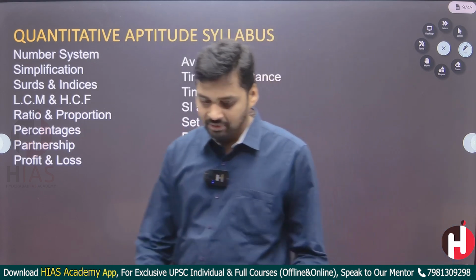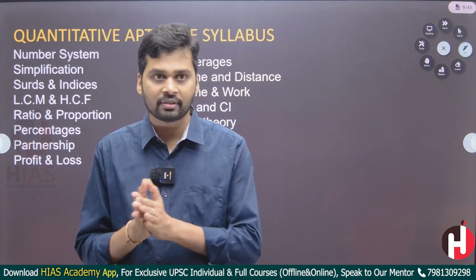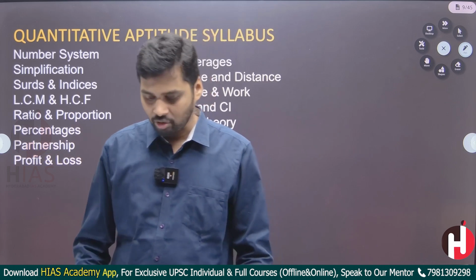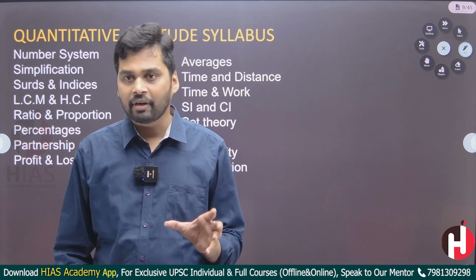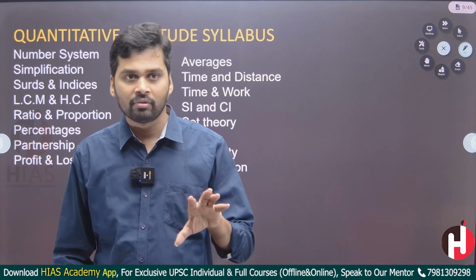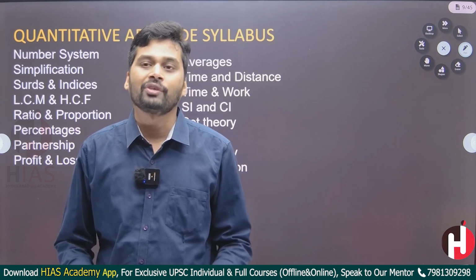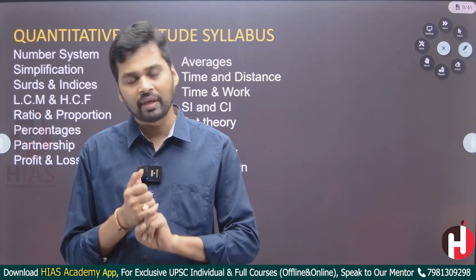Yes, so we have seen the trend of CSAT, the number of questions from various subjects like quantitative aptitude, logical reasoning and reading comprehension. When we look at the number of questions from quantitative aptitude, there are around 35 questions. But what are the most important topics for CSAT? There are two major topics which are very, very important.